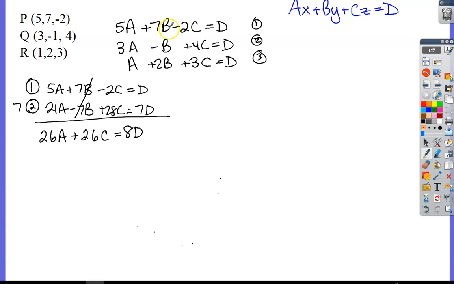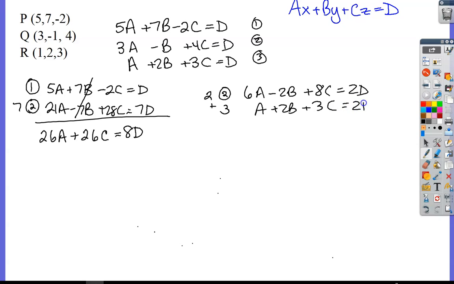Okay, now I need to cancel b again, but I need to use 2 other equations. So I'm going to use the second and the third equation, but I would have to multiply the second by a 2, and then I can add it with 3. So this guy times 2 would be 6a, negative 2b, 8c, and 2d. Don't forget everybody on both sides. Then a, 2b, 3c, 2d.